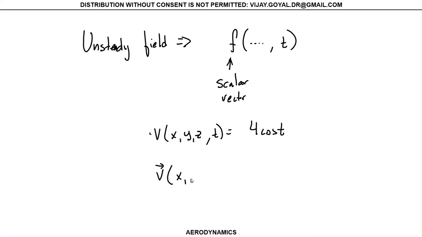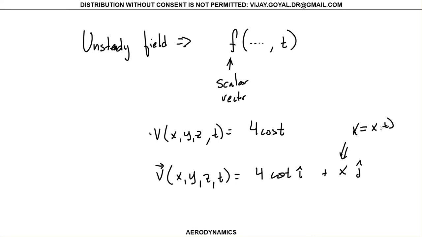Now I can say it is a velocity. It could be velocity if this becomes 4 cosine t i plus x times j, where I can say maybe x is another function of time. Okay, so that's how we actually work with this type of unsteady field.